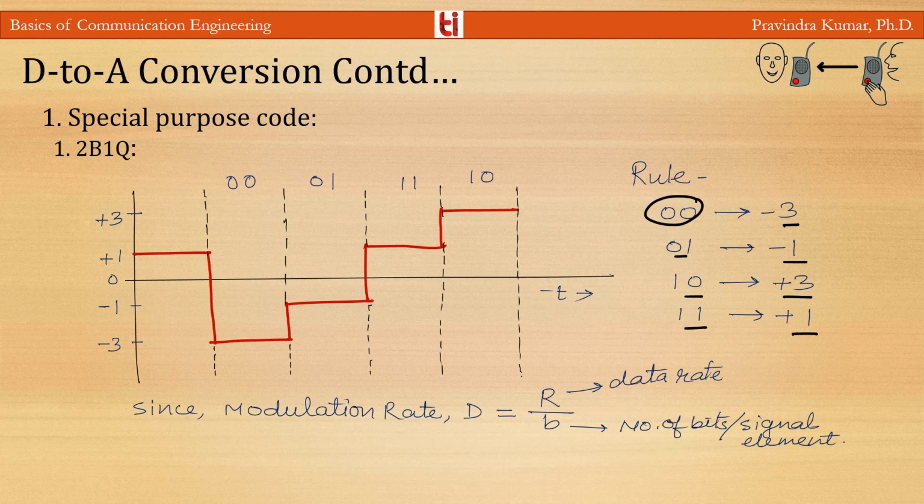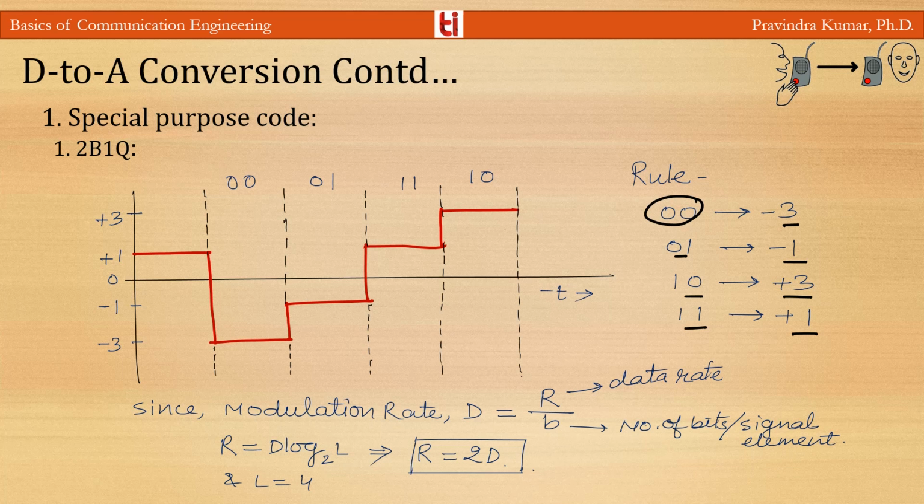With this we have the modulation rate D, which is R, the data rate, divided by the number of bits per signal element. R is equal to D log2 L, where L is 4, since 4 voltage levels are used here: +3, +1, -1, -3.